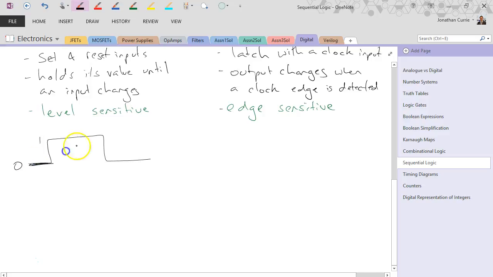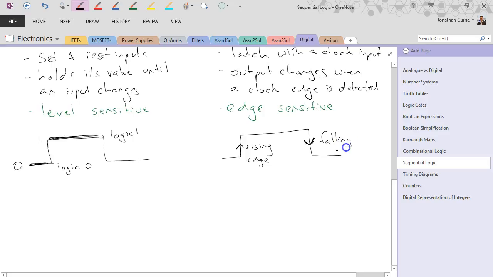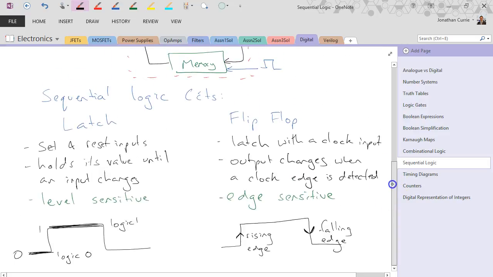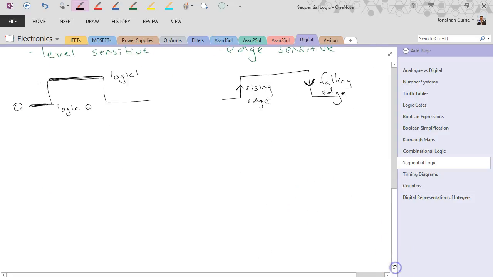So I'm interested in the darker bits here. What is the level of the input signal? Versus edge sensitive, I'm either interested in, is it a rising edge or is it a falling edge? So logic 1, logic 0, rising, or also known as a positive edge, and falling edge. Now in some texts you might find slightly different definitions for our latch and flip-flop, but that's the one I want you to remember for the purposes of this course. Right, so level sensitive is interested in whether it's logic 0 or logic 1, edge sensitive only on these edges. That's only the time that we're interested in their operation.